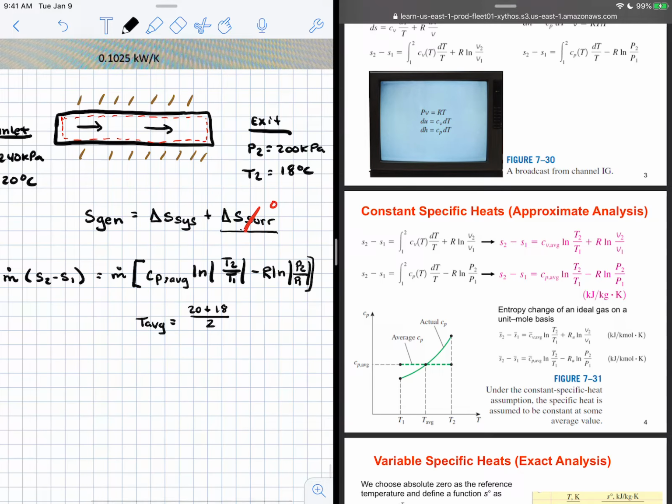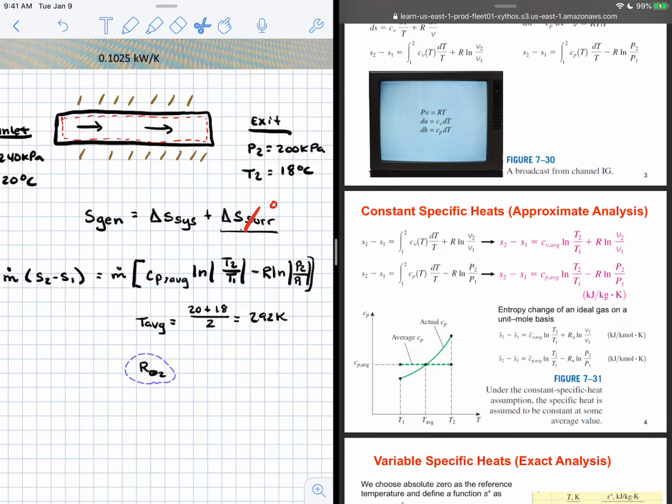We see the temperature drops some as it passes through this pipe. So our average temperature is 20 plus 18 divided by 2, plus 273, which is 292 K. Our R for oxygen we will also determine from our tables.